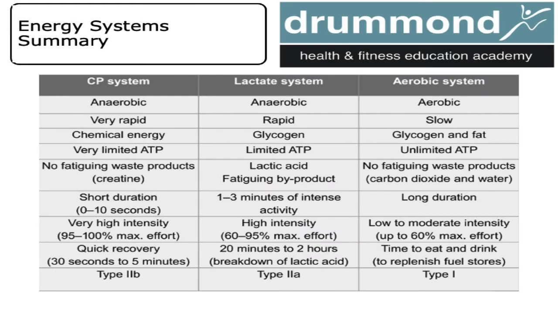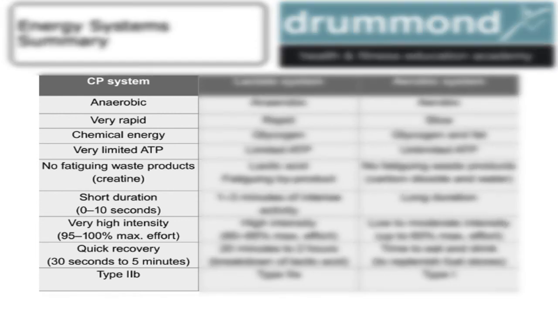Energy systems summary. On this slide, you can see a summarization of the energy systems that we've covered so far. So when it comes to the creatine phosphate system or the phosphocreatine system, you can see that it's anaerobic, very rapid production, chemical energy known as creatine phosphate, very limited ATP production, which is why we refer to it as very expensive.